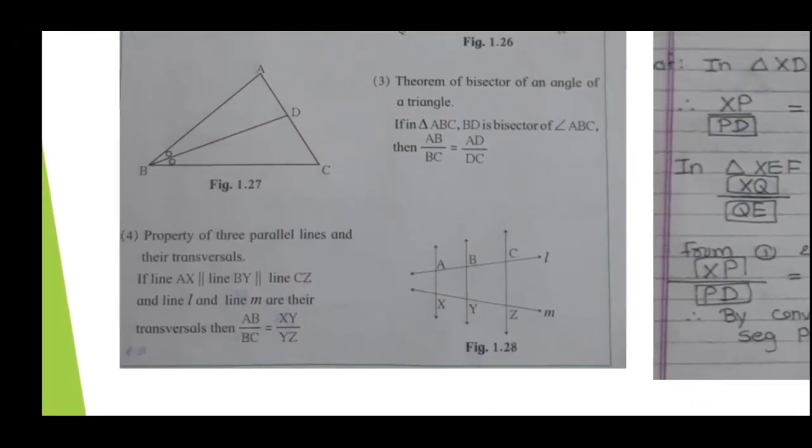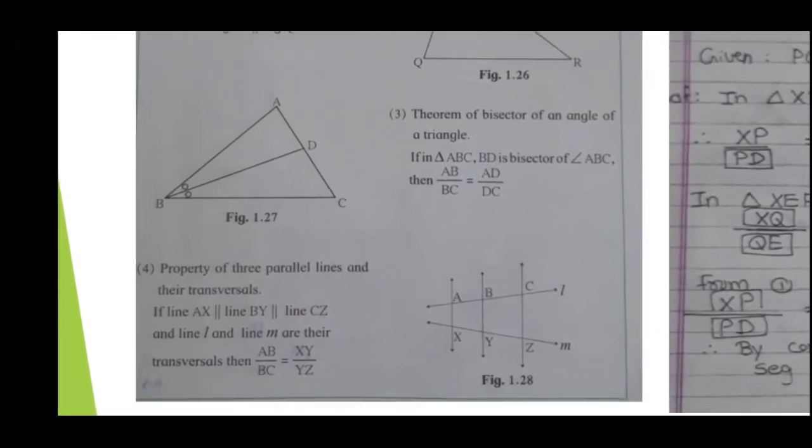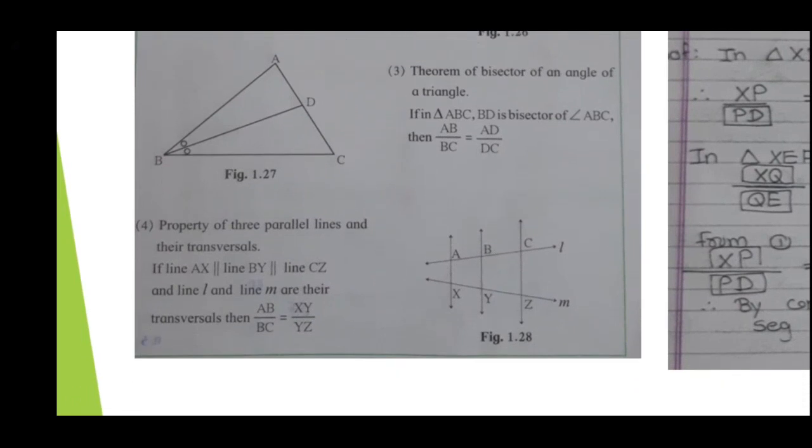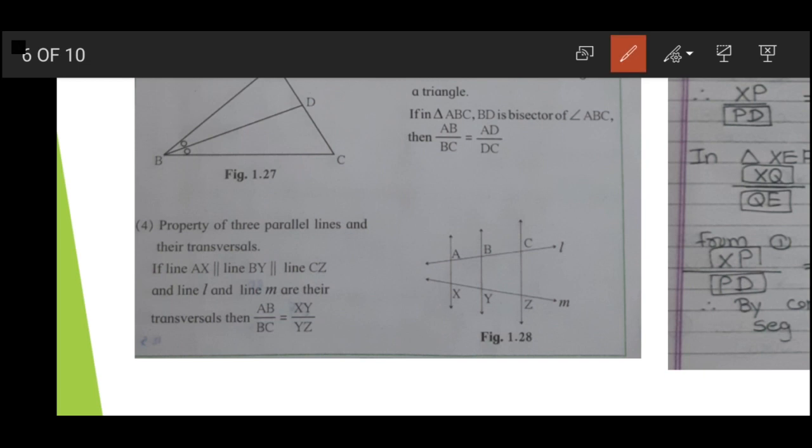about the angle bisector theorem. Now here, this also I already explained. See here, they have given BD is the angle bisector.